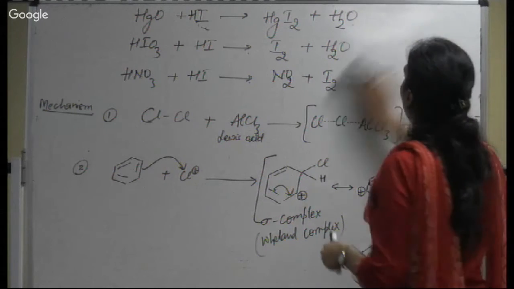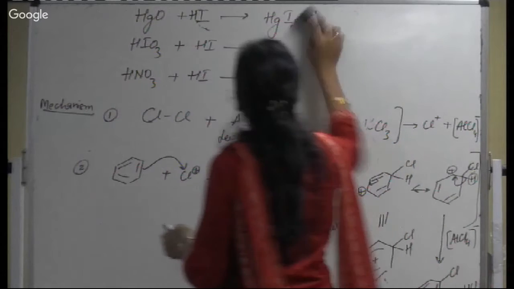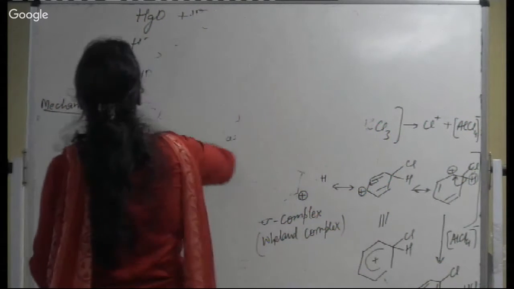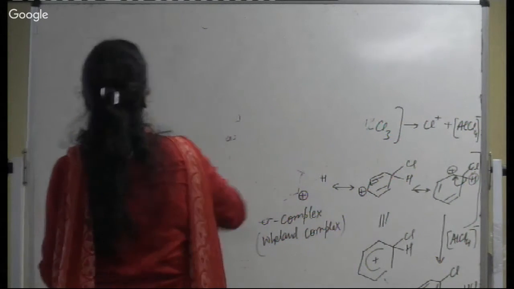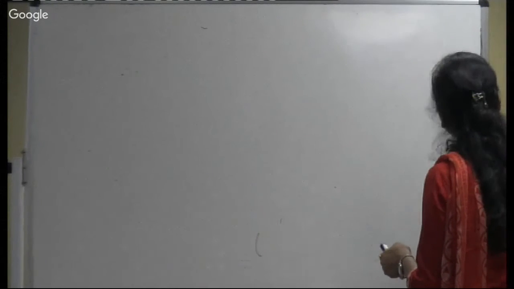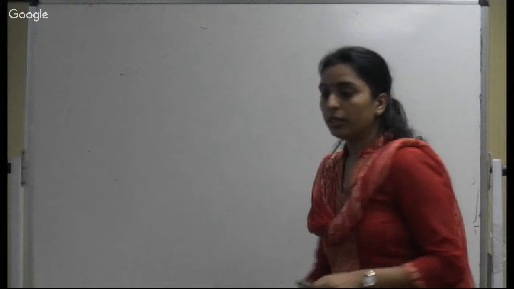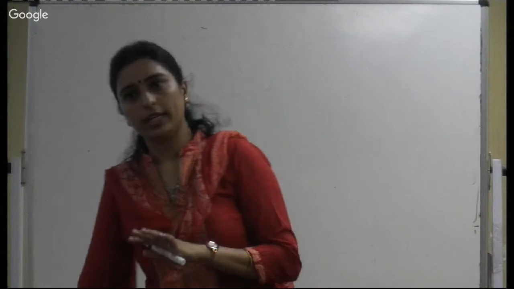So the first method which we have discussed is direct halogenation. In the case of chlorine, you can halogenate it directly. Treat the benzene with chlorine and anhydrous aluminum chloride, you'll get chlorobenzene.